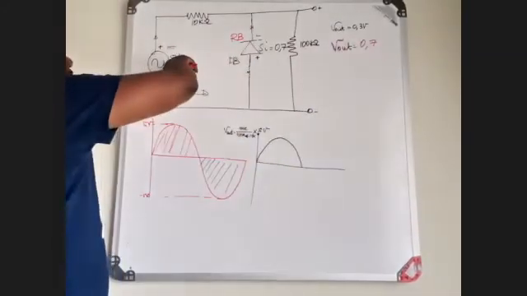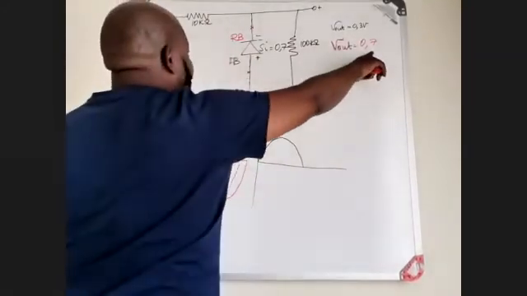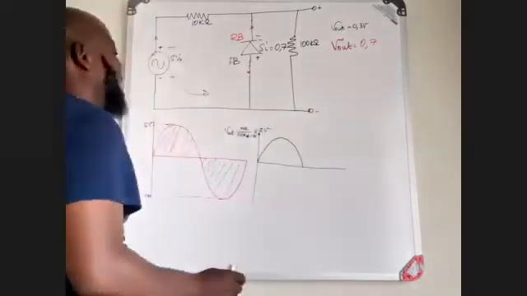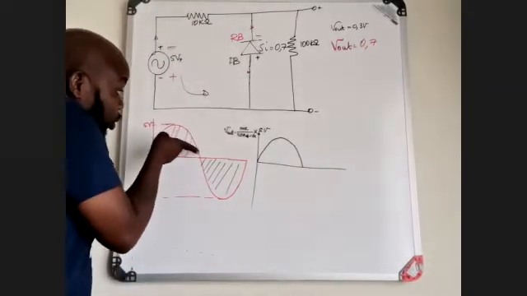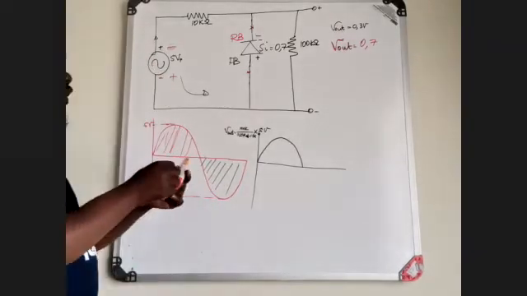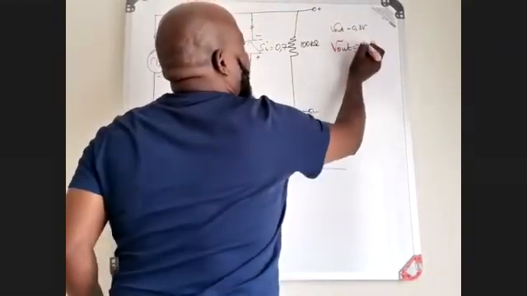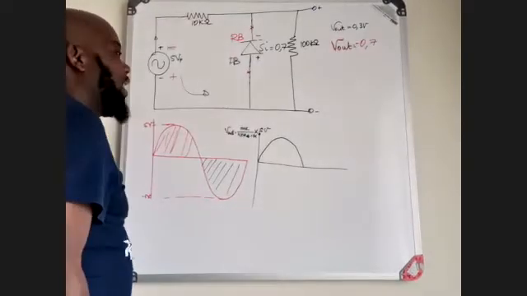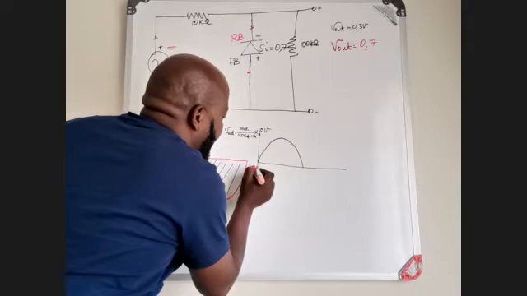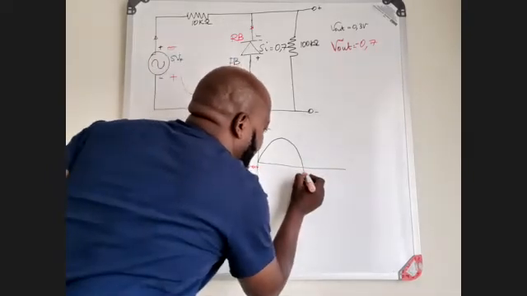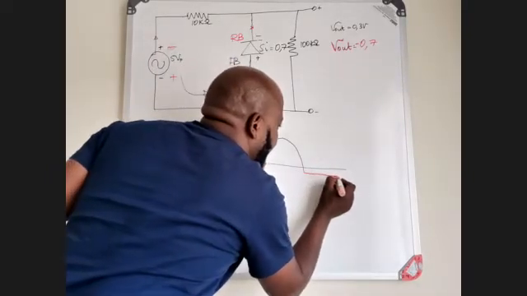It doesn't matter how much I increase this, it's going to stay at 0.7 volts. But it's 0.7 volts during the negative cycle, which means it will be minus 0.7 volts. It's going to limit at minus 0.7 volts.